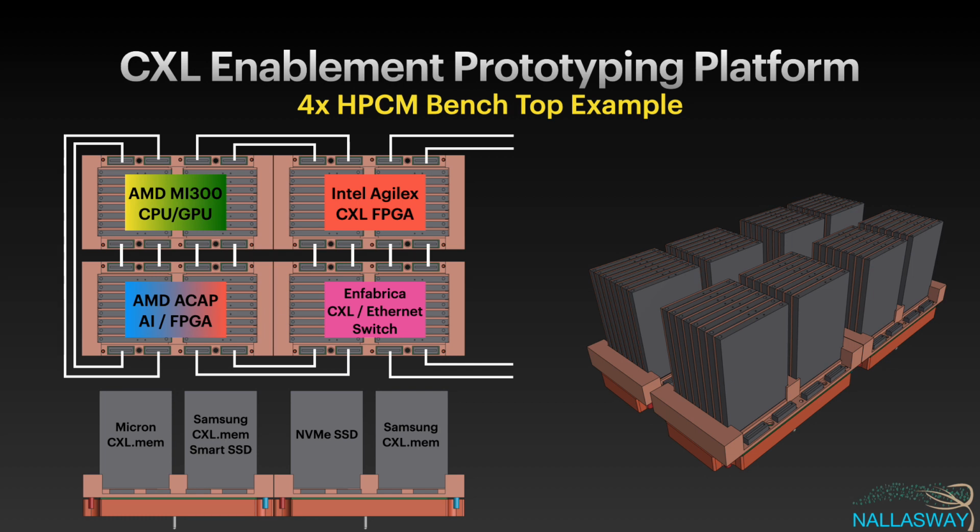So that's the flexibility of this platform. You can begin to see, in terms of interoperability testing with people's media devices or different accelerators in heterogeneous combinations of CXL devices, this provides a very low cost way on the benchtop for researchers to build and play with different CXL based architectures.